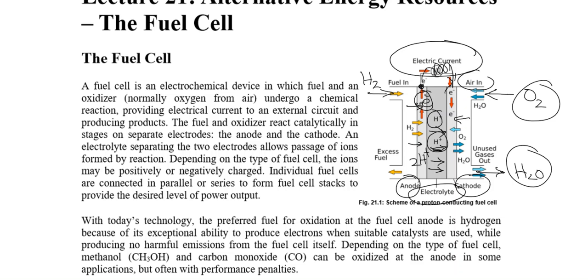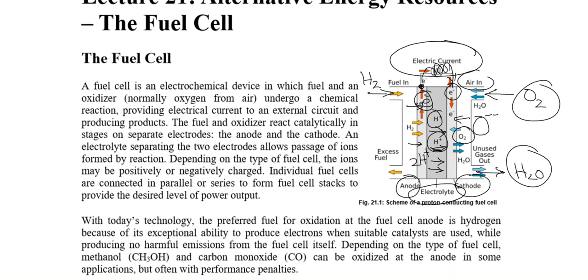Now when these electrons reach the cathode, they will react with oxygen to make O negative ions, obviously two negative ions. Now the reaction looks complete.